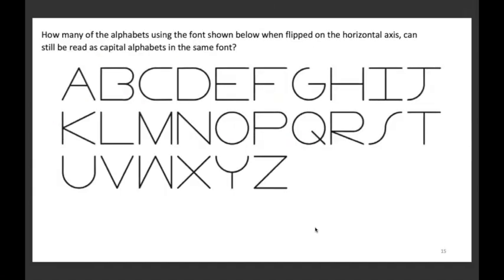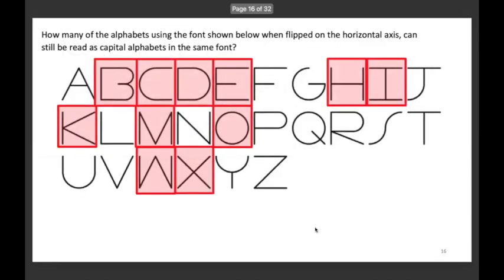Okay, we'll move to the next one. How many alphabets using the font shown below, when flipped on the horizontal axis, can still be read as capital alphabets in the same font? You're given a font style. When you flip the font style along the horizontal axis, how many capital alphabets will be read in this same font?